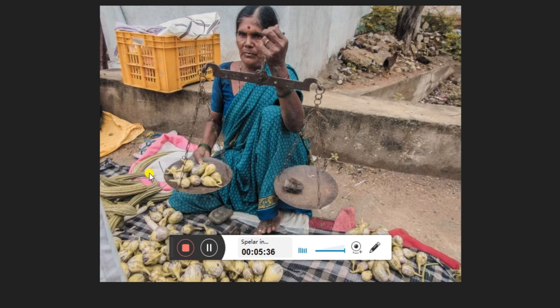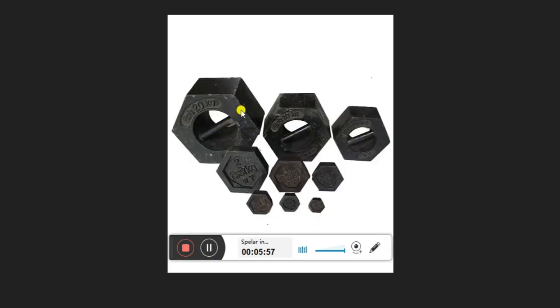That's why you can see they keep altering the things, sometimes adding, sometimes removing, and finally giving you approximately that amount, not exact or accurate, but somehow equivalent to that particular known quantity. Children, these are made of cast iron, and they are the standard units used by the vendors.